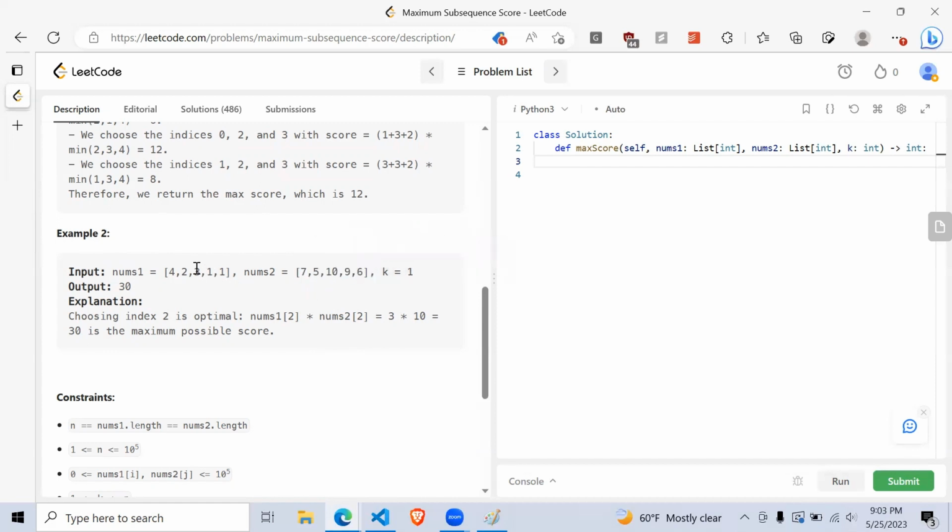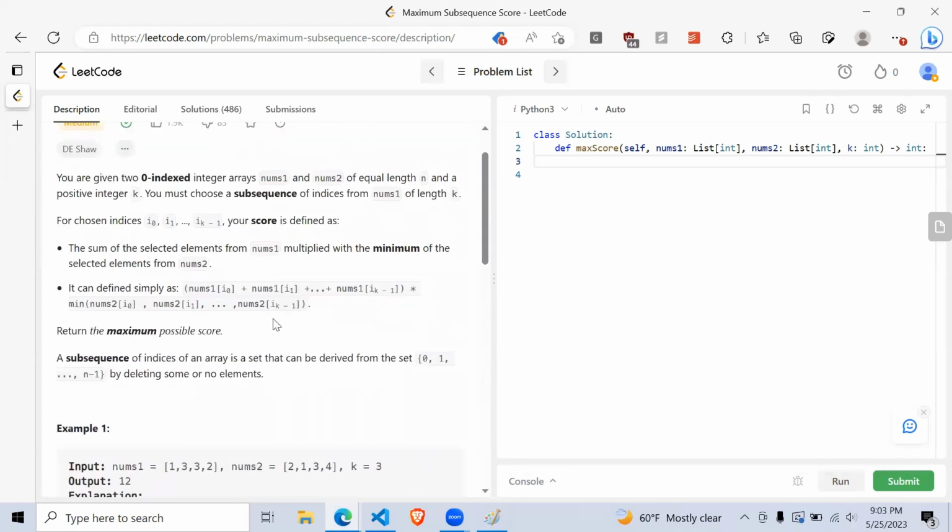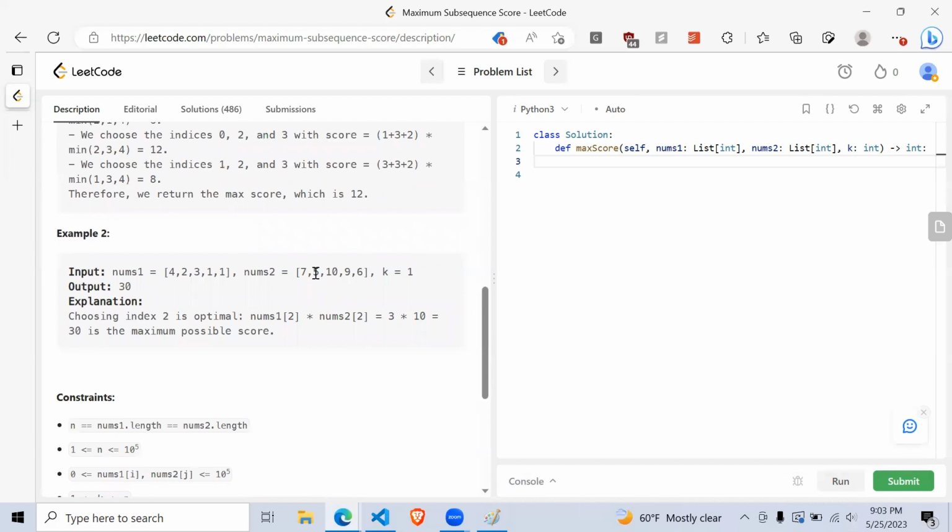We essentially have the freedom to choose any one of these numbers, and it wouldn't affect the multiplication part, because the smallest is just 5 regardless. So it doesn't matter that we choose something that's 7, for example, instead of 10, because all that matters is here, because again, the 5 is the minimum.